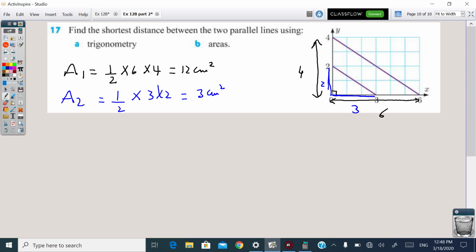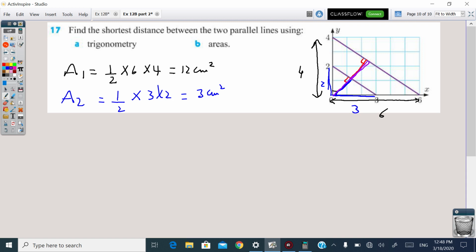Now, consider the heights. Let's drop a perpendicular from here all the way down to here. For the small triangle, this is the height, and for the bigger triangle, this is the height.